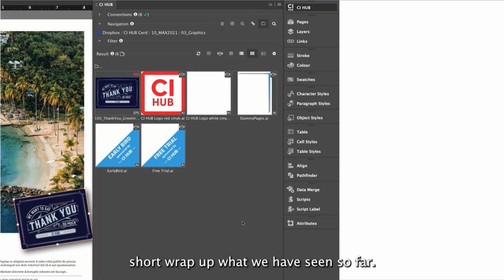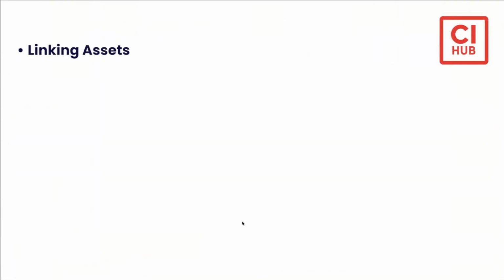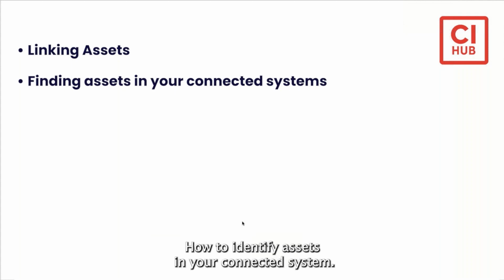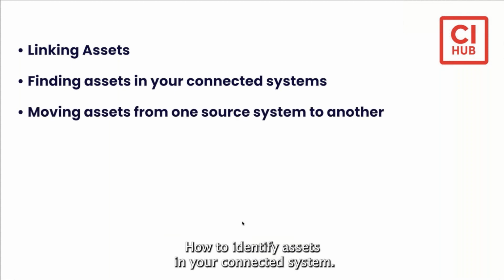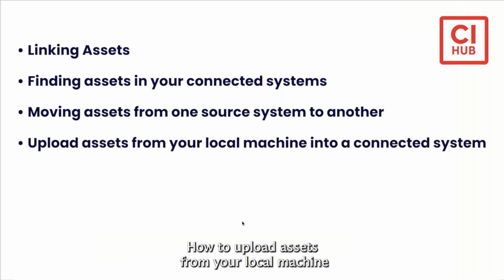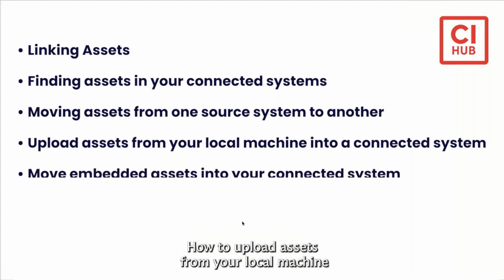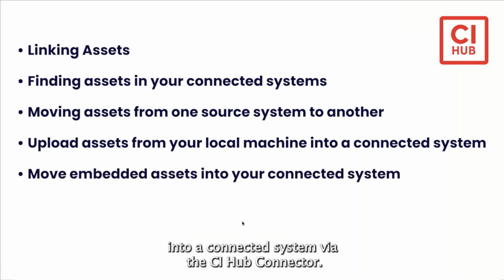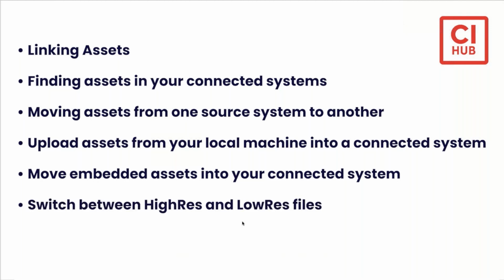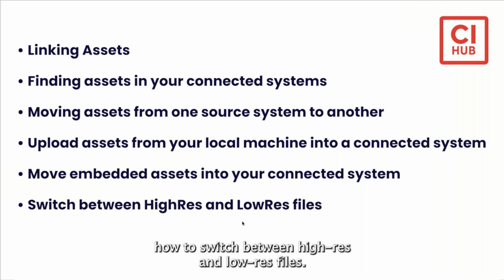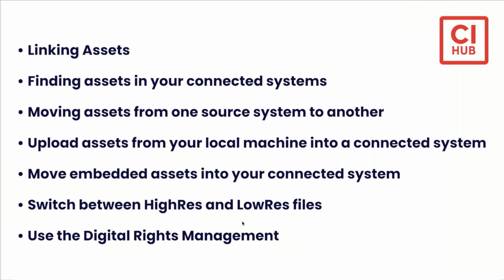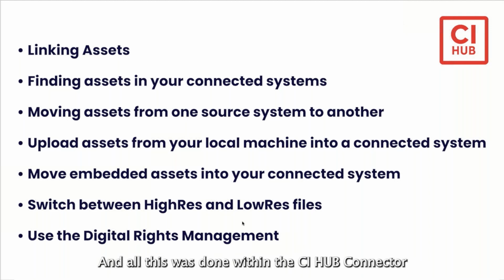So let's do a short wrap-up of what we have seen so far. We've seen how to link assets even if they are in various systems, how to identify assets in your connected system, how to move assets from one source system to another, how to upload assets from your local machine into a connected system via the CI Hub connector, how to move embedded assets into your connected system, how to switch between high-res and low-res files, how to use URL linking to the system of your choice, and how to check the digital rights of your assets.